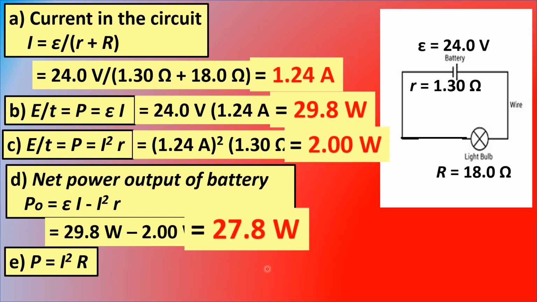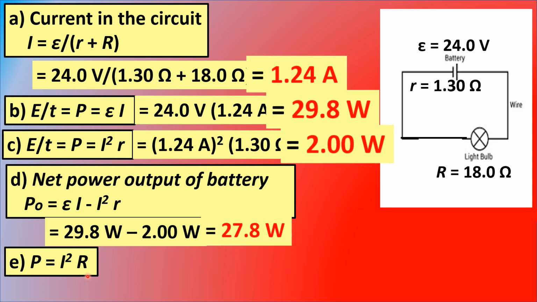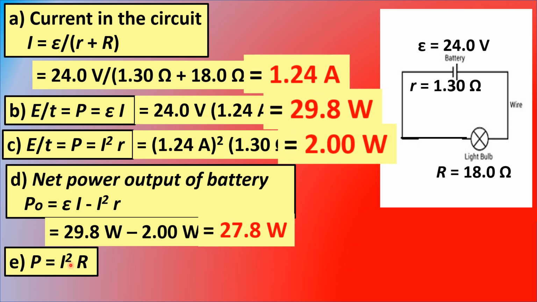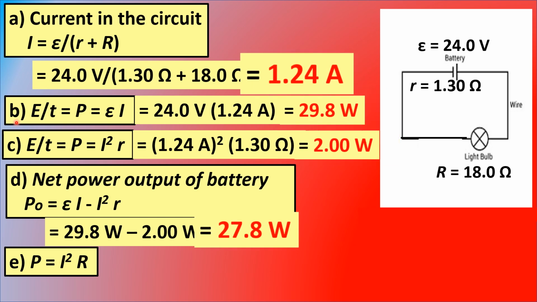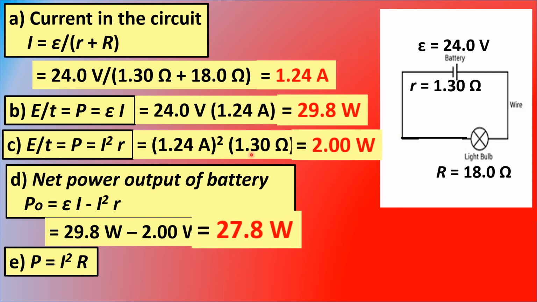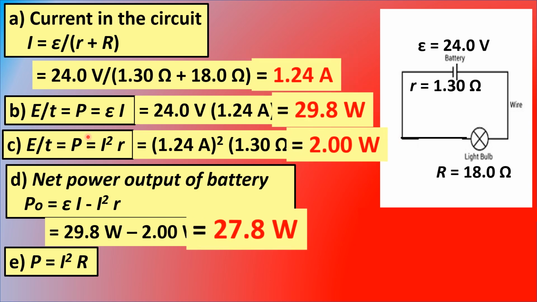The formula for that is P, the power dissipated in the bulb, equal to the product of the square of the current, I squared, multiplied by the value of the external resistance, big R. Because the same current in the circuit will also pass through the light bulb, and if you multiply the square of that current by the resistance of the bulb, then we are getting the amount of energy per unit time that is dissipated.